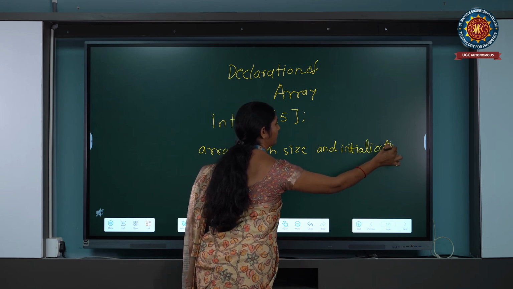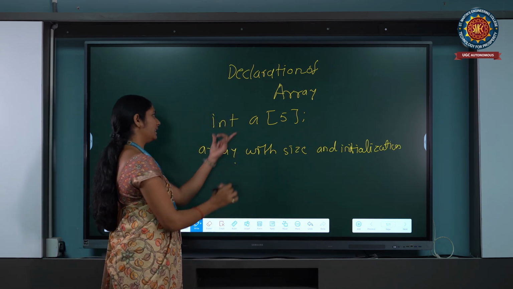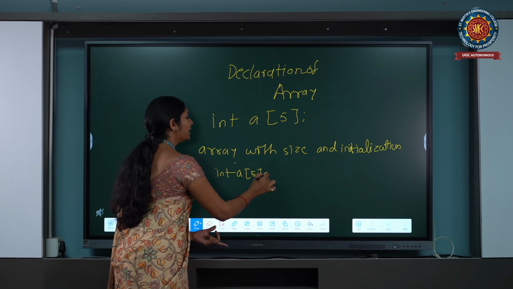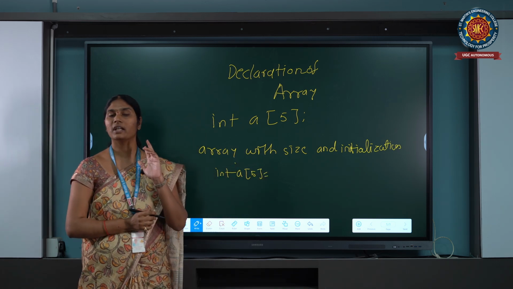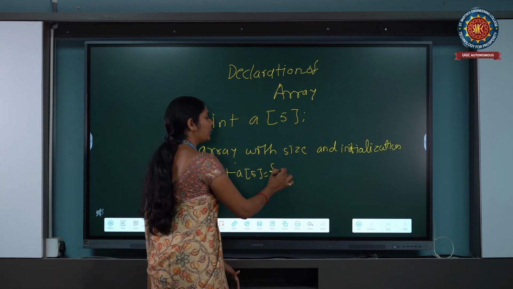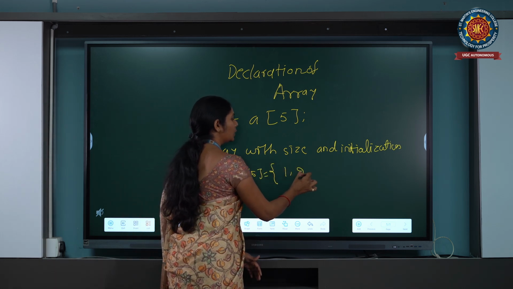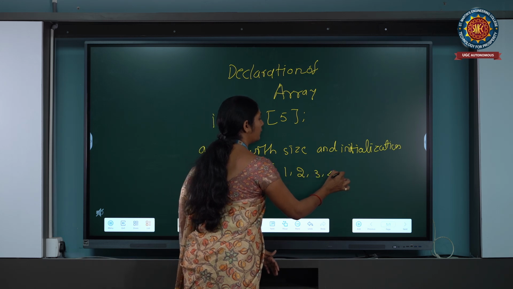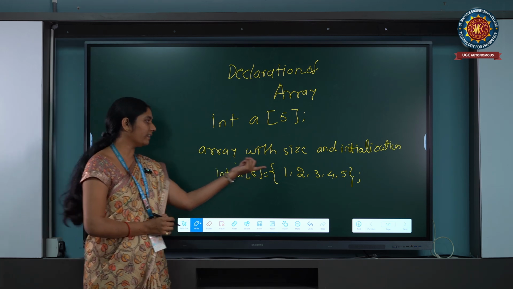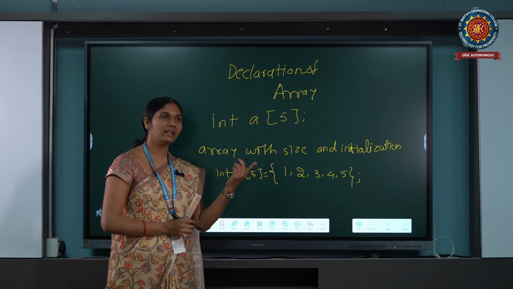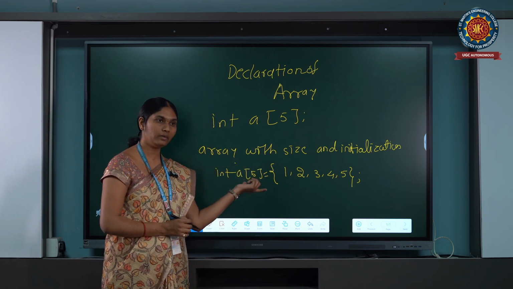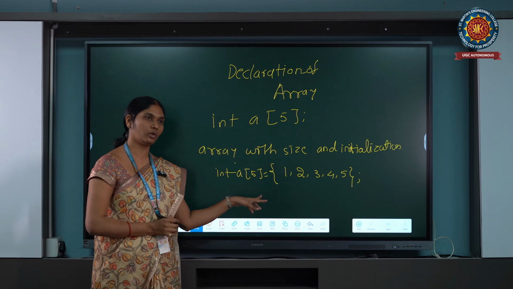Suppose I am taking int A of 5, and we directly initialize the elements. We store the elements in curly brackets. Suppose I am initializing the values 1, 2, 3, 4 and 5. Because the size of the array is 5 and the elements are 5, we cannot store more values. The size is 5 and we can't exceed the size of the array.